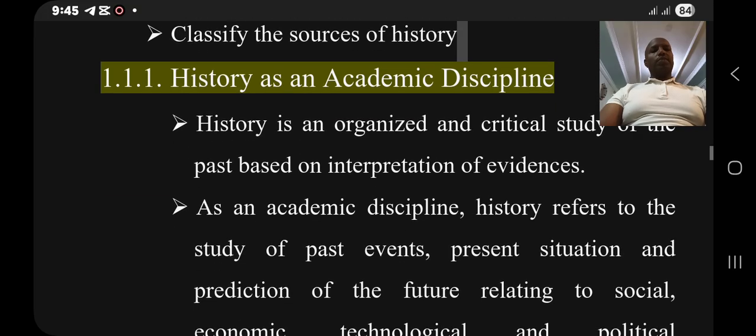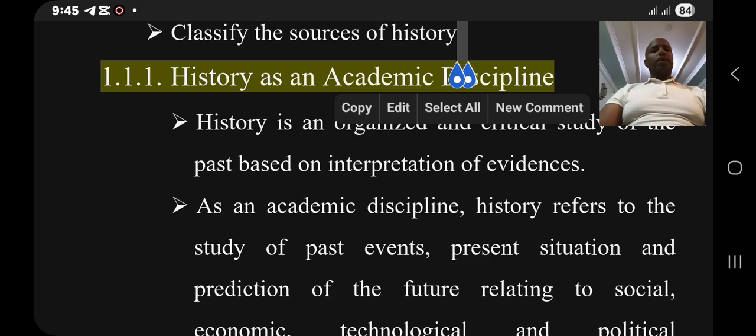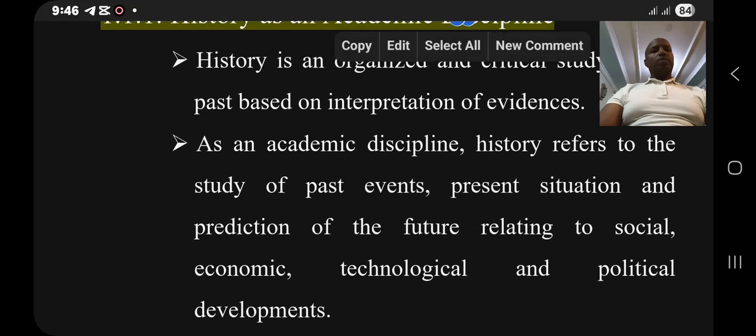The second definition is, as an academic discipline, history refers to the study of past events, present situation, and prediction of the future relating to social, economic, technological, and political developments. This definition is broader than the previous.